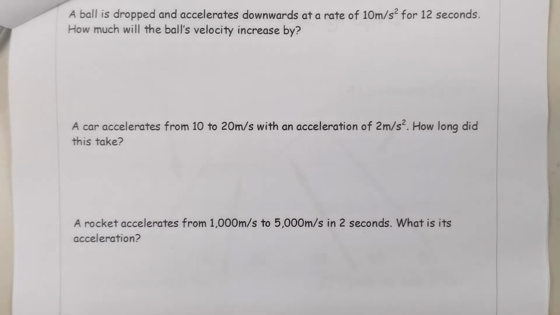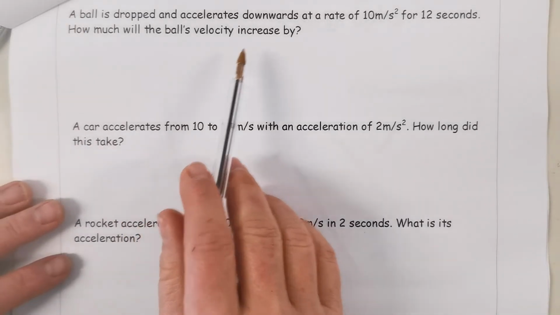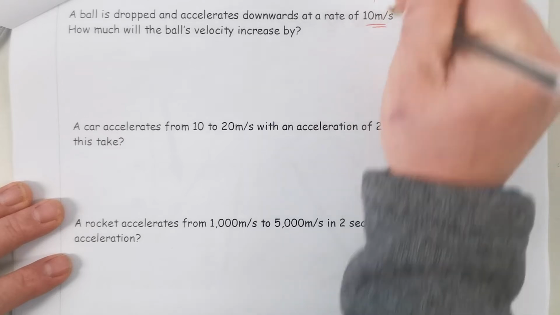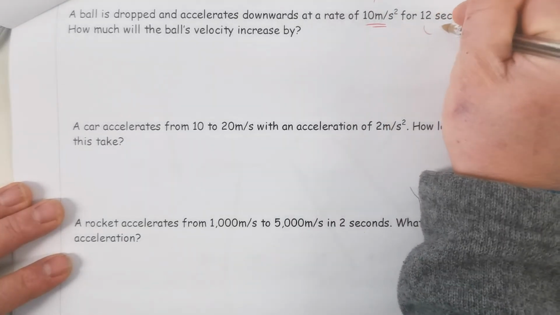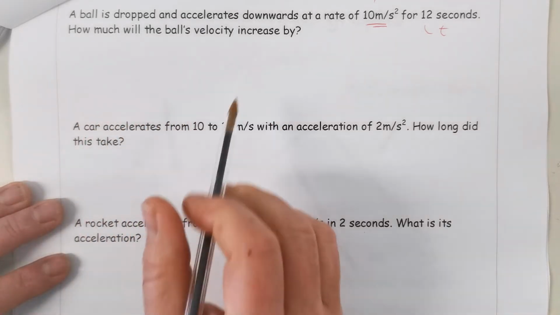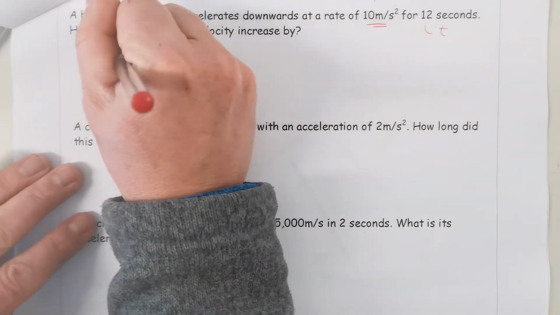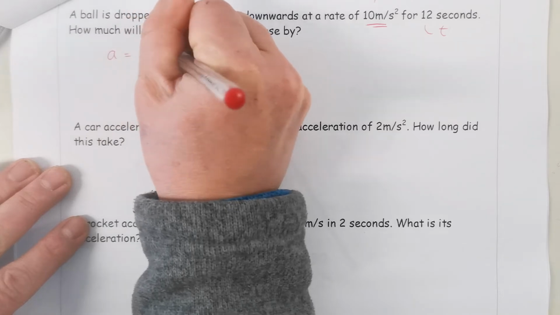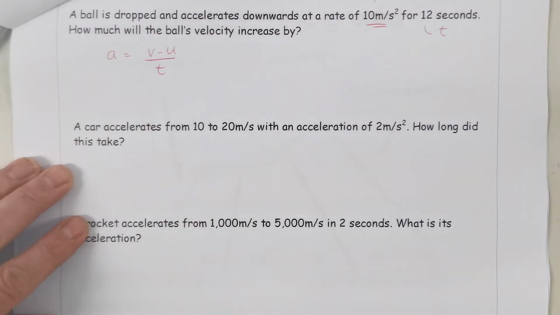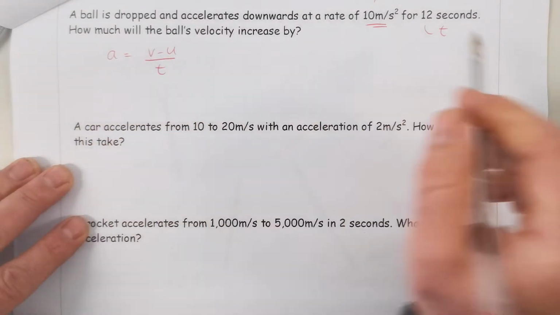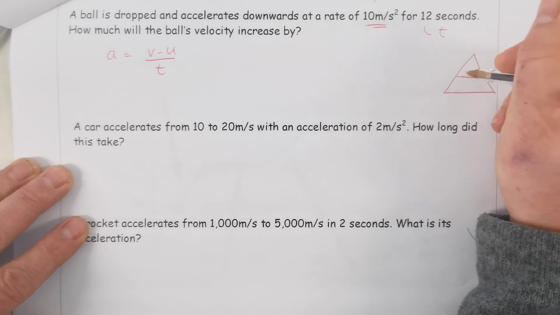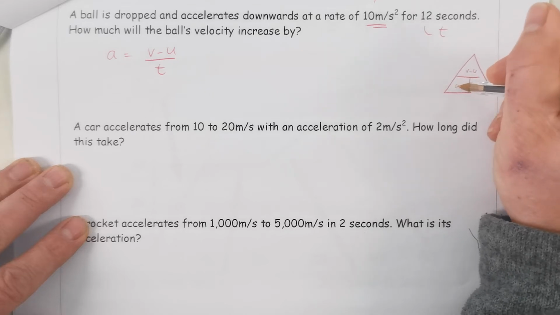Okay, let's have a go at these. A ball is dropped and accelerates downward at a rate of 10 meters per second squared for 12 seconds. How much will the ball's velocity increase by? So, A equals V minus U over T. We want V minus U. We want the change in velocity.